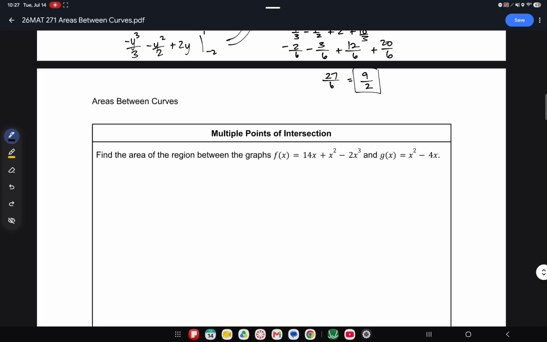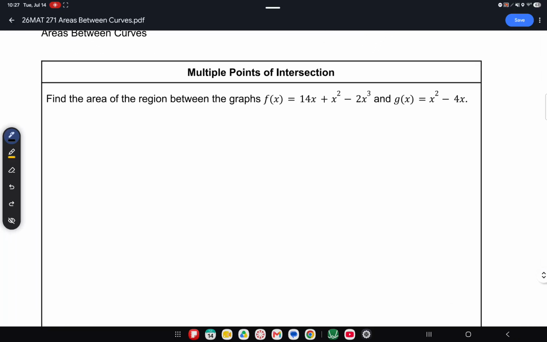Right, what if there's multiple points of intersection? So find the area of this. We have two functions. They're both in terms of x. So it's going to give us a top minus bottom scenario here. We can verify that in a graphing utility here. I'm going to go ahead and do that just so we can make sure.